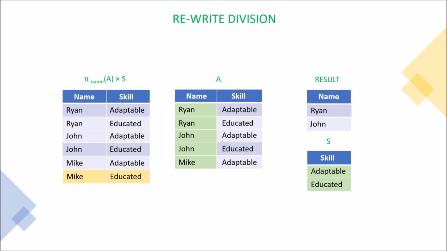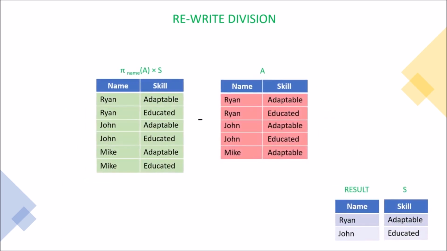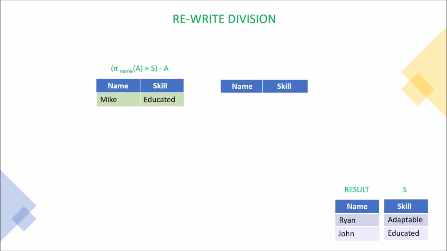Here you can see that the cross product has all possible combinations of applicant with desired skills. What we can do now is subtract the applicant rows from this table. This will leave us with all the applicants that do not have all the desired skills. In this case, we'll be left with Mike and educated.